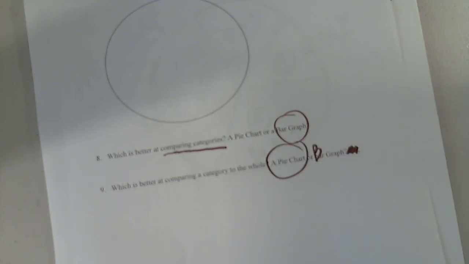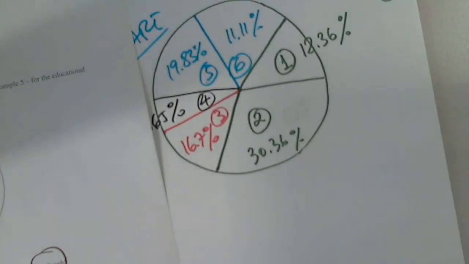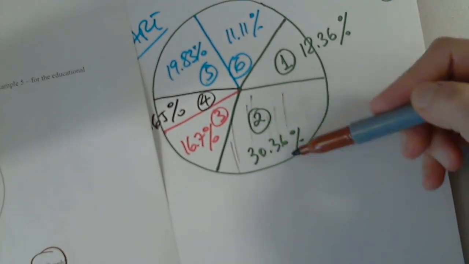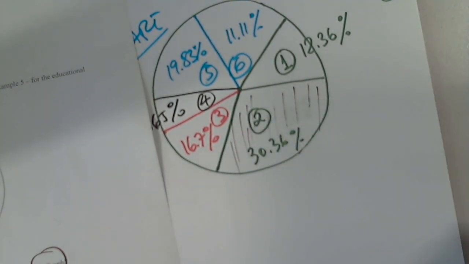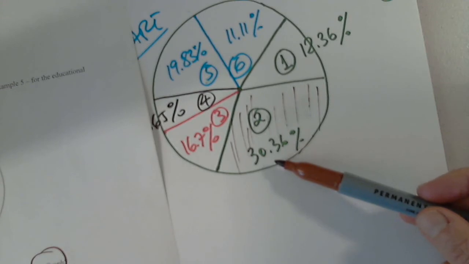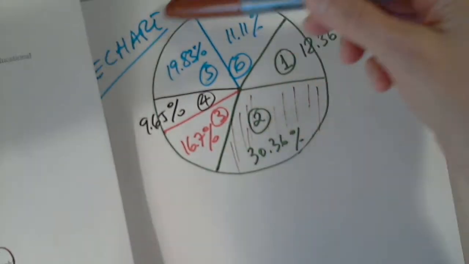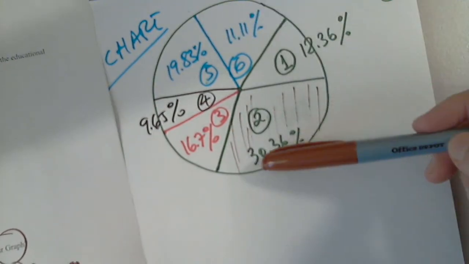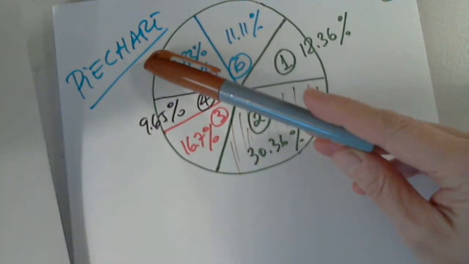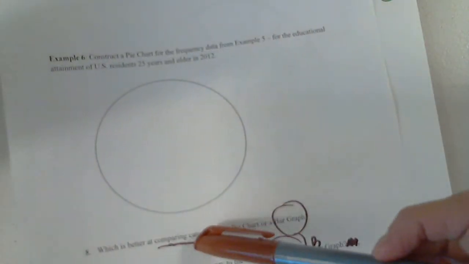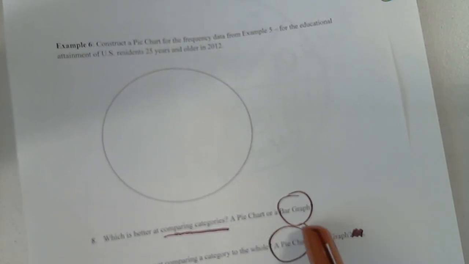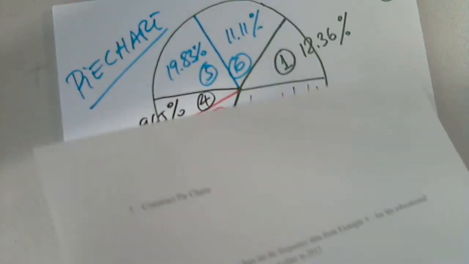Now it's very clear that this is the biggest category, because it has 30% and the central angle is the biggest. So when we compare one category to the whole, then we prefer the pie chart because it's representative. But when we want to compare, especially side by side, of course we will be using a bar graph.